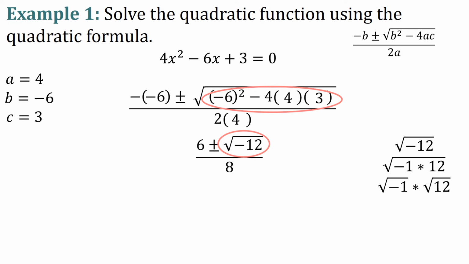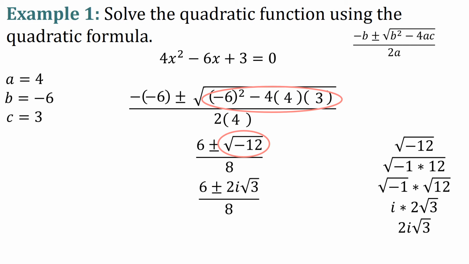So we can separate negative 1 times the square root of 12, and so we get i times 2 square root of 3. Once again, the 2 came from, because I know that 12 is 4 times 3, and the square root of 4 is 2, and the square root of 3 is an irrational number. So I know it's 2 square root of 3. Now I'm going to write that as 2i square root of 3.